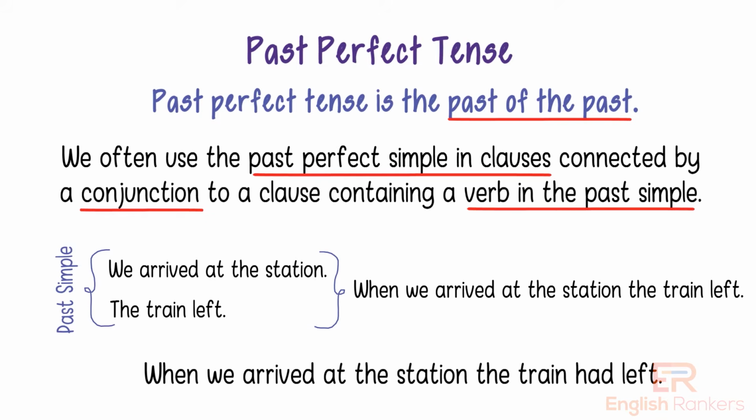When we arrived at the station, we discovered that the train had left. So first, the train left. How did we make out the first action is train left? Because it is formed with had in it, which says it is past perfect, and we know that we use past perfect for the event which happens first.